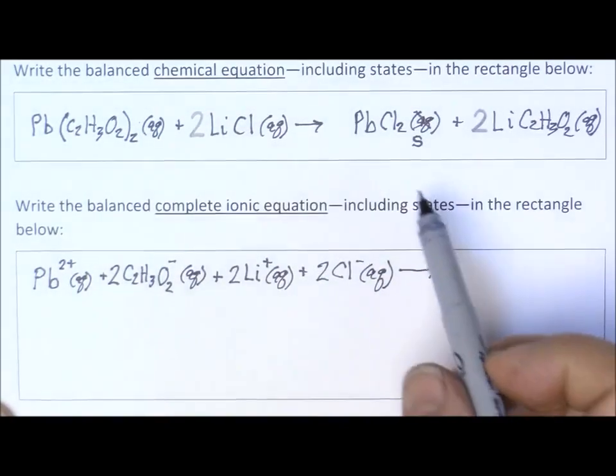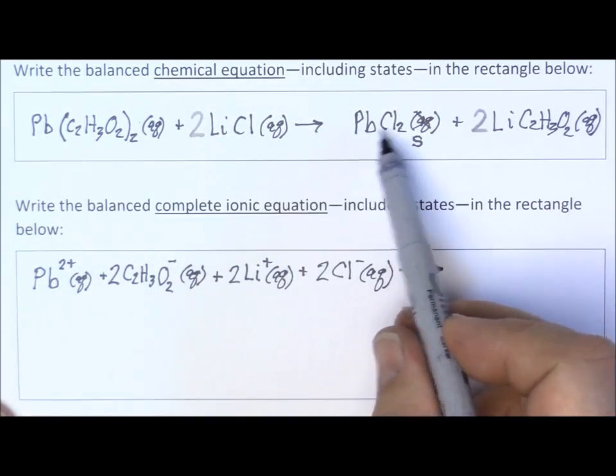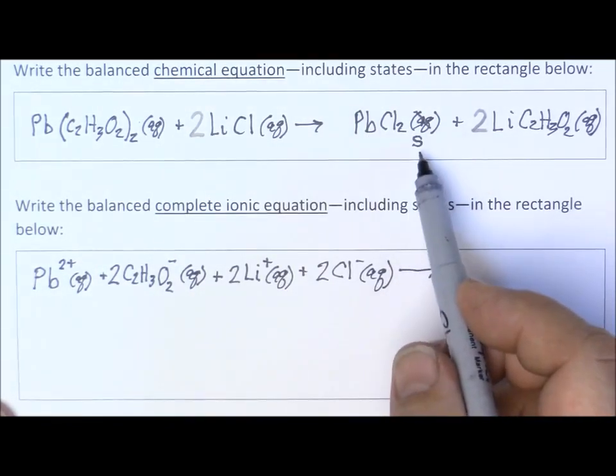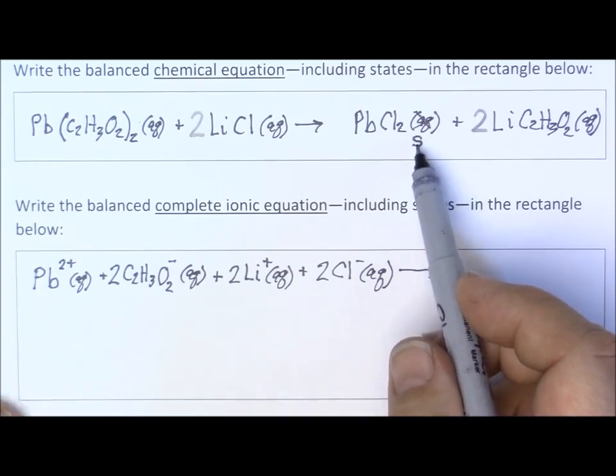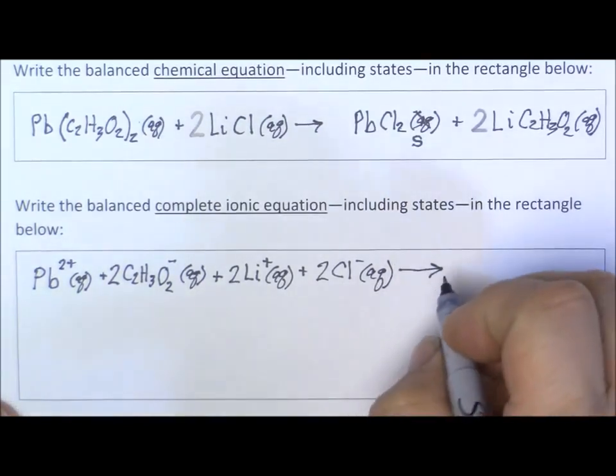Yields. Now we have lead 2 chloride, the solid. Well, a solid is not aqueous, so it will not dissociate as a product, so we'll leave it as a solid. We're leaving it as it is.